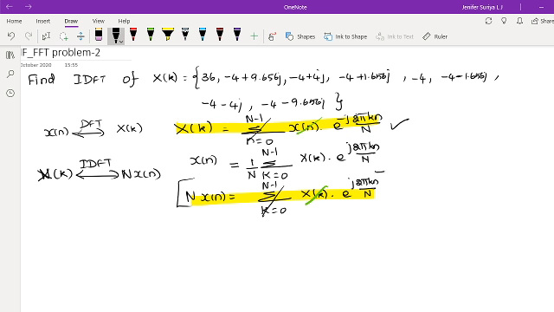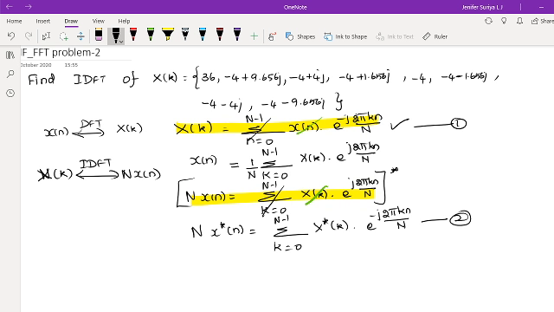So now this is N into x star of n is equal to summation k equals 0 to N minus 1 X star of k into e power minus j 2 pi k n by N. Now when you are comparing the first equation with the second equation, both the right sides are similar: summation, sequence, sequence, e power minus j 2 pi k n by N. So both are similar, so we can use the same butterfly diagram.